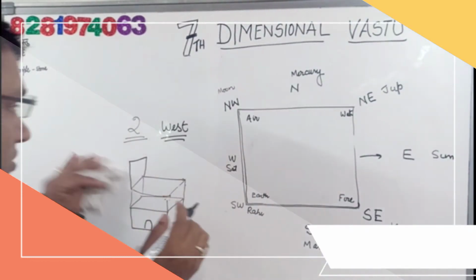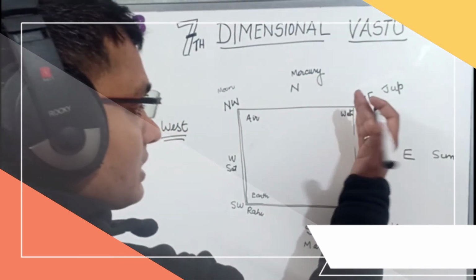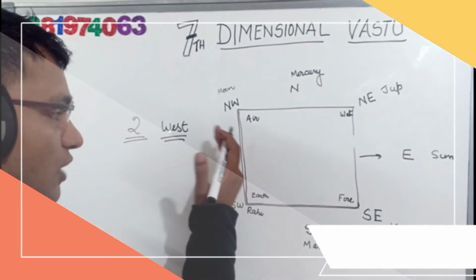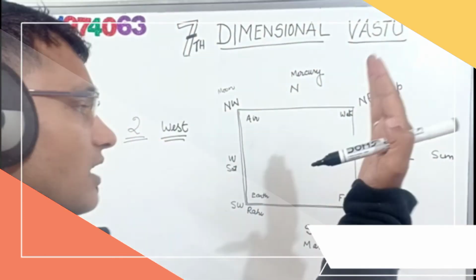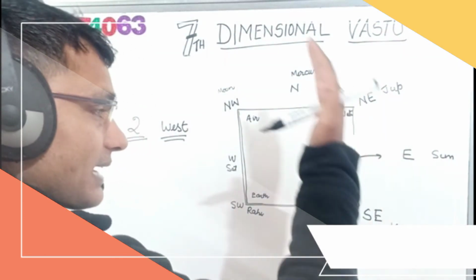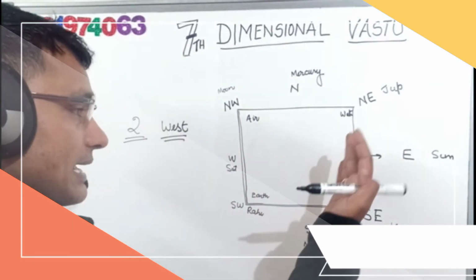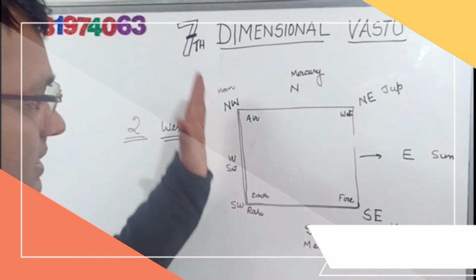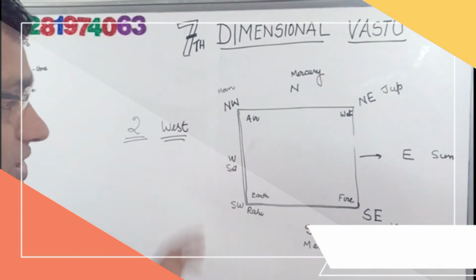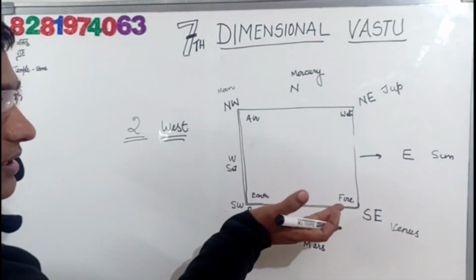Why is that? Because if you make this west wall very high, there should not be any obstruction for sunlight to enter your house, and it should not be stopped by the higher height of your wall on the west side. Same way on the south side, the wall should be higher.